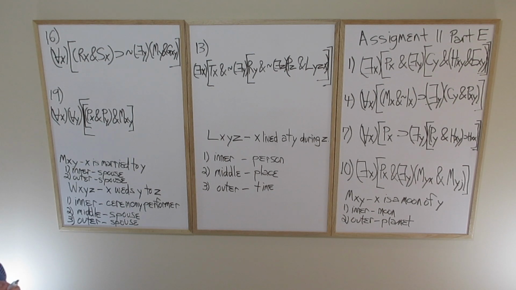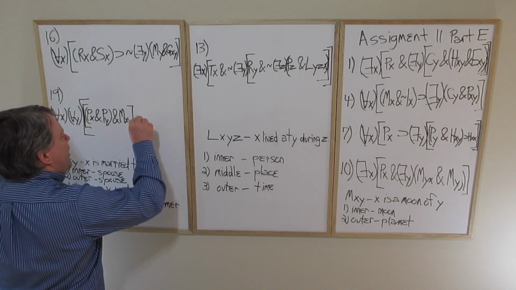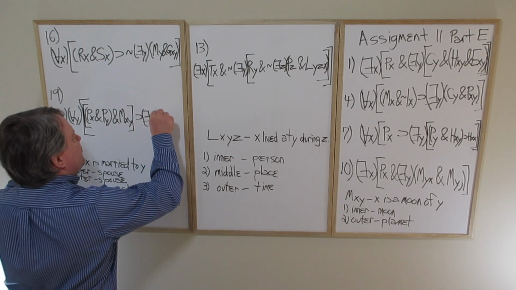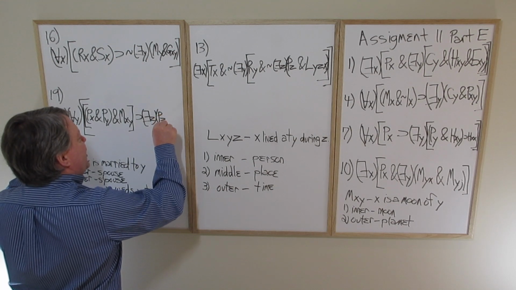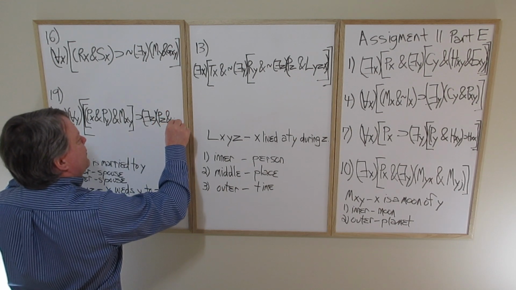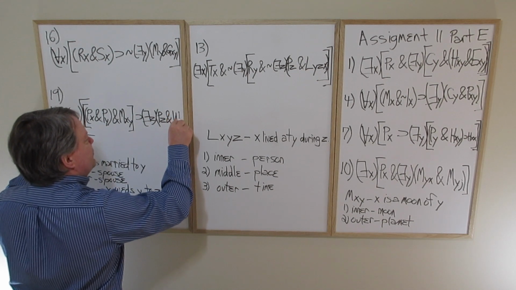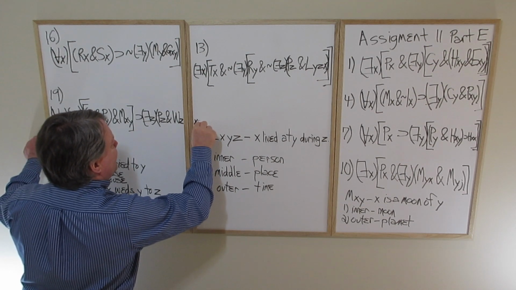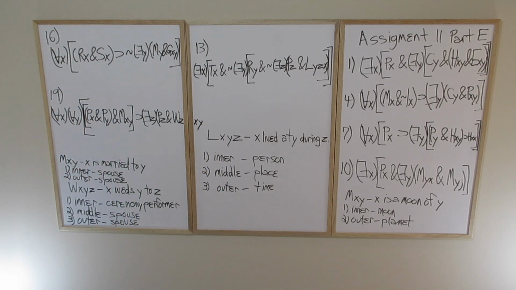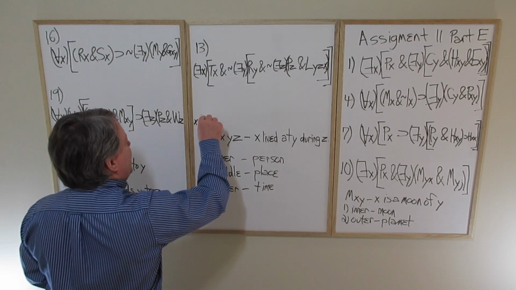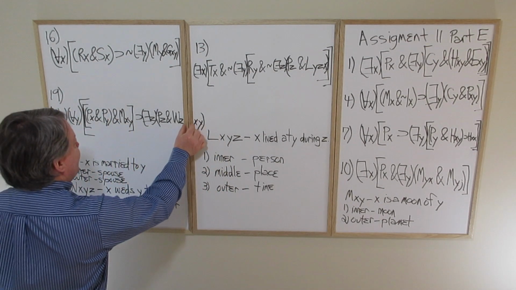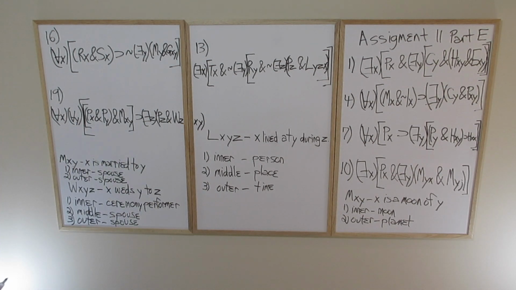If all those things are so, then there's at least one z such that z is a person and z wed x to y. So those last two, of course, could go in any order. So we'll put a bracket around those two.